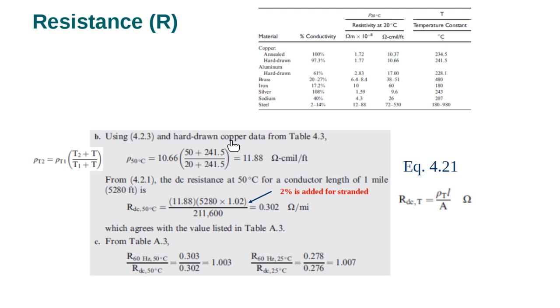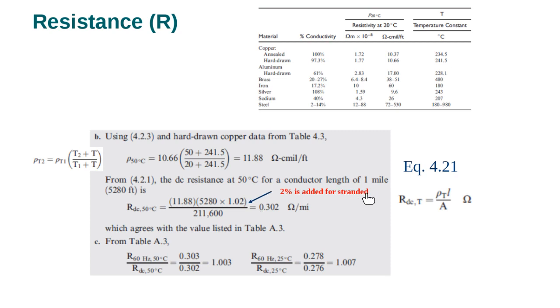All right, so we got this ohm circular mil per feet, and then what we do here, we want to find RDC. Now, what do we want to find? This is the length, 5280, and we multiply it by 2%.